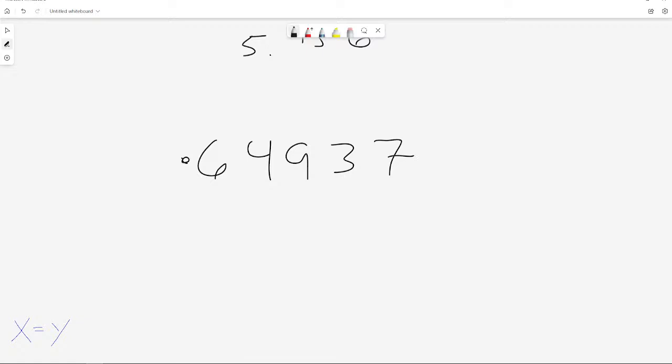If the number to the right is 4 or lower, then the number stays the same. If it's 5 or higher, then you move the number up. So in this case, the number after the 6 in the tenths place is 4 or less, so if you were rounding to tenths, the answer would be 0.6. Now if you were rounding to the hundredths place, the number after it is 9. That's 5 or greater, so then you would end up with 0.65.